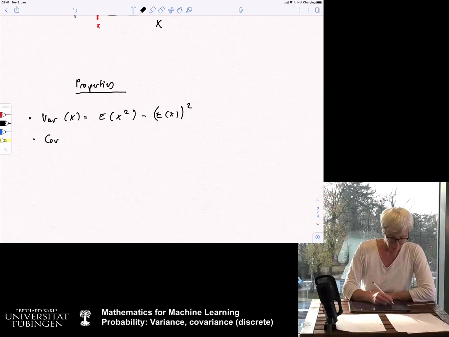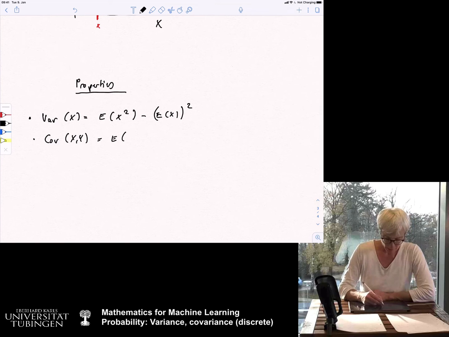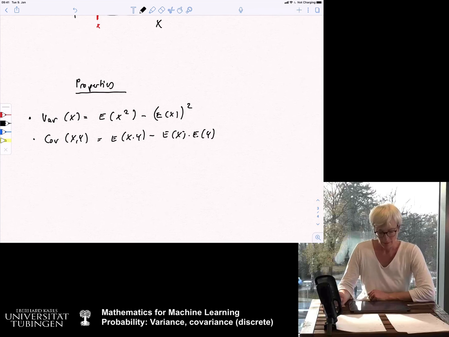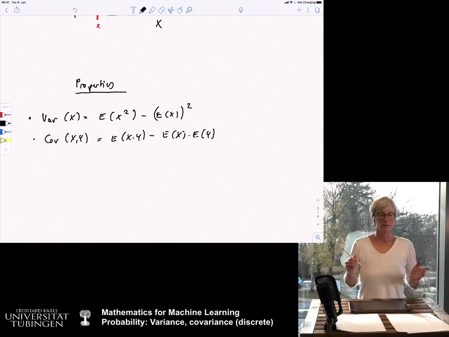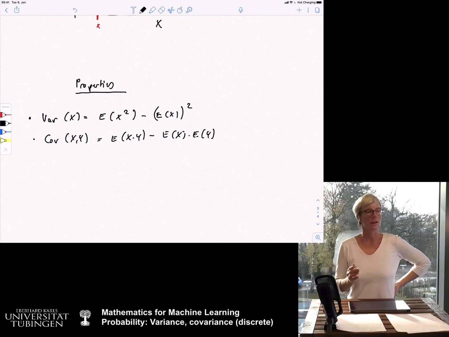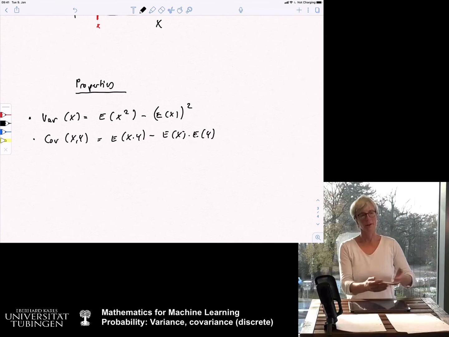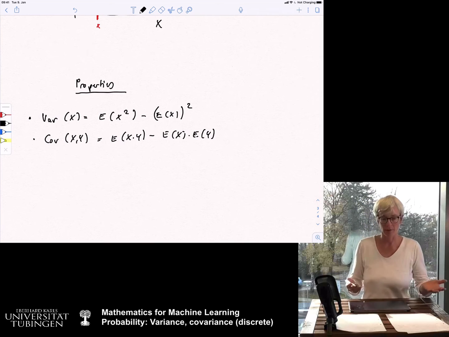You can write the covariance of x and y as the expectation of x times y minus the expectation of x times the expectation of y. Observe, if we have independence, then we already know that the expectation factorizes, so then we obviously have 0. But if they're not independent, we will typically get a number that is not 0.